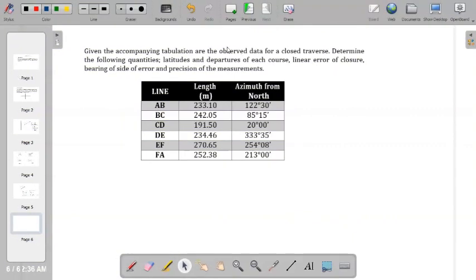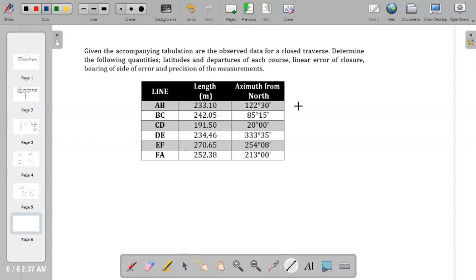Given the accompanying tabulation are the observed data for a closed traverse. Determine the following quantities: latitudes and departures of each course, linear error of closure, bearing of sight of error, and precision of the measurement.